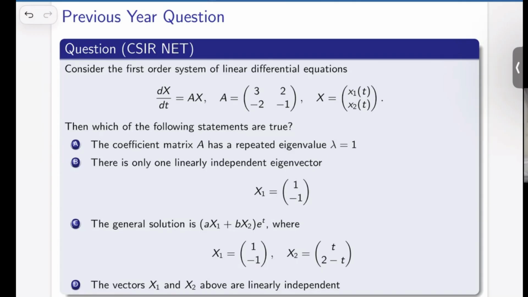Options itself say a lot of things, right? Option A, sir.